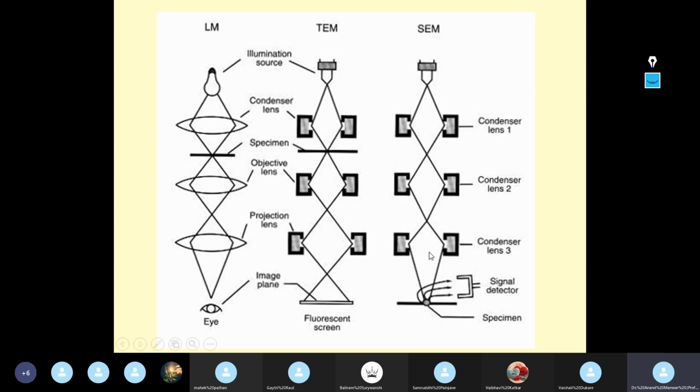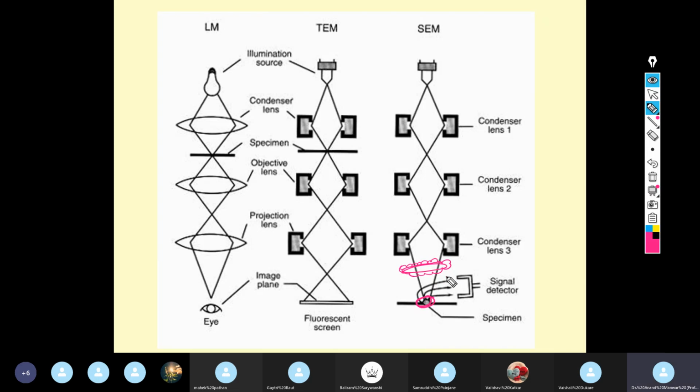In addition, there is a scanning coil. Somewhere here you will have a scanning coil, and this scanning coil will decide how much area is scanned. Of course, it is in your hand. You give a command that whatever comes from the magnetic condenser lens, when it passes through this, as per your command, that much area of the specimen sample will be scanned.